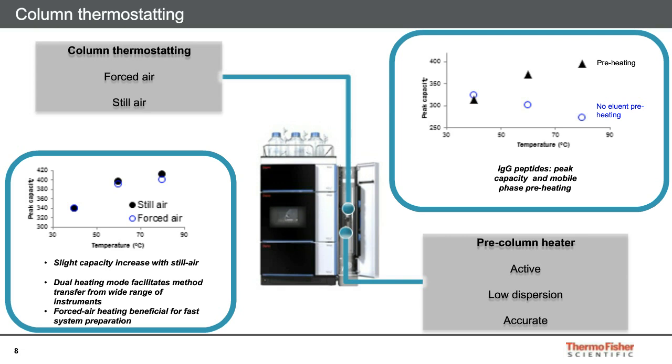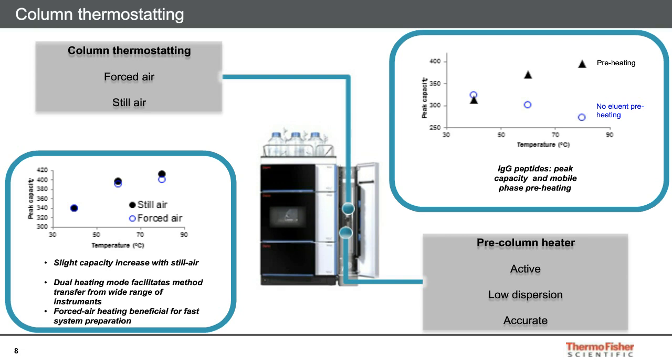Another important thermostating capability feature is the pre-column heater. What this pre-column heater does is that it prepares the mobile phase prior to entering the column, so it brings the temperature of the mobile phase to the same temperature as the column before the inlet.